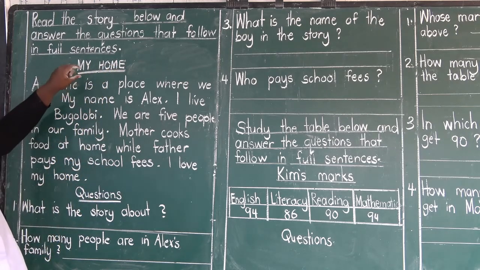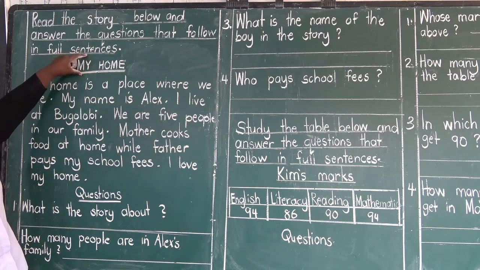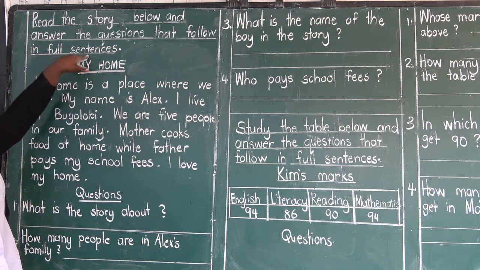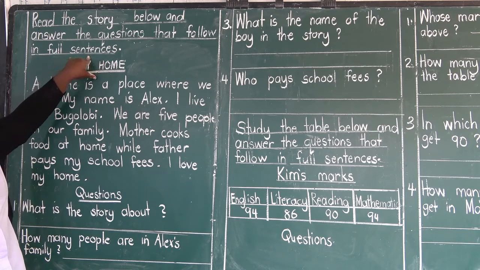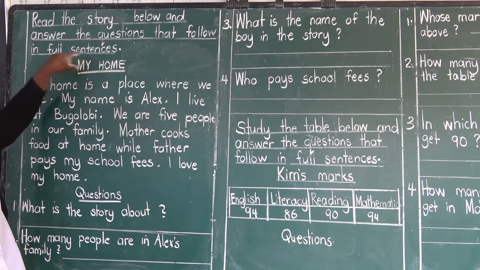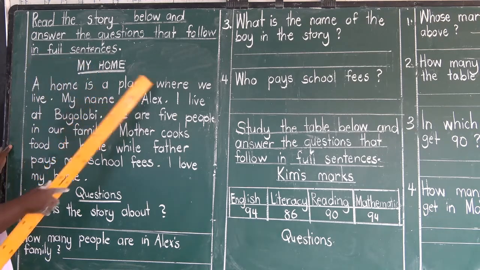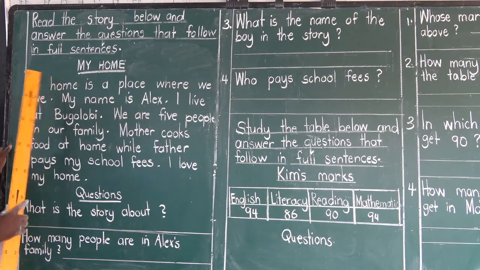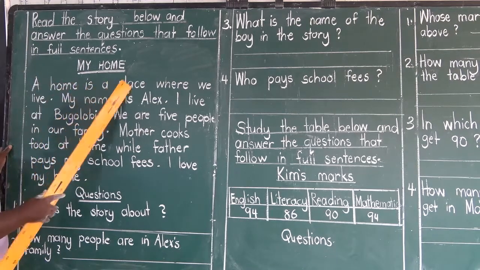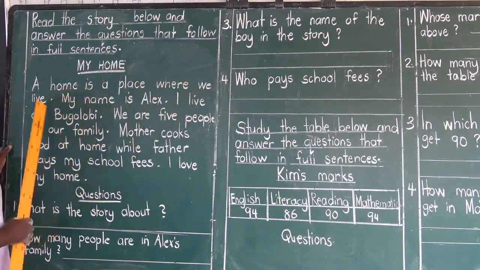When you were still in top class, you used to call this a heading. When you come to primary 1, this changes from heading to title, but they all mean the same. So this is our title, My Home. A home is a place where we live.